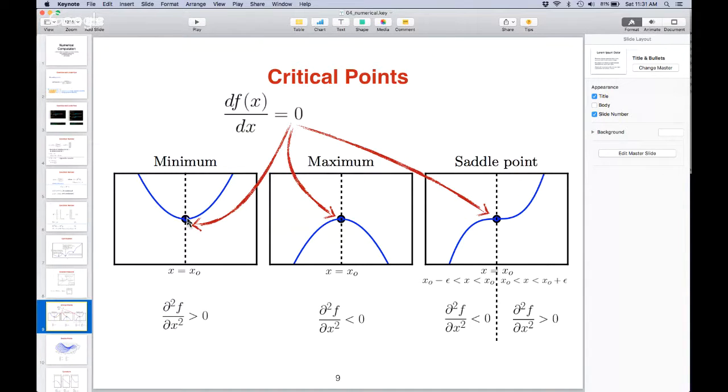So in any direction you move from x equals x0, the solution point, you will always find the loss function increasing.